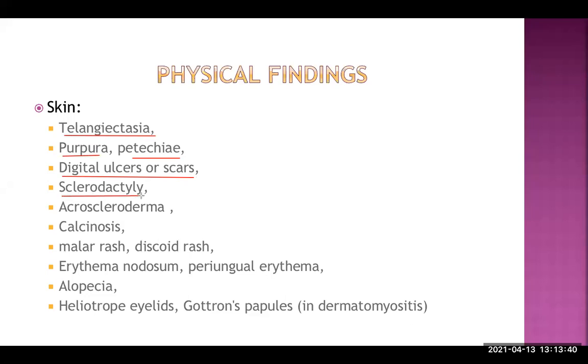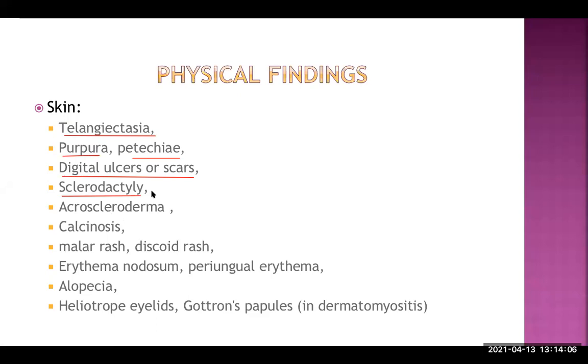Sclerodactyly. What is the meaning of this? Have you heard this term before? Okay, fine. This is a feature of scleroderma or systemic sclerosis, where the fingers are tightened up.